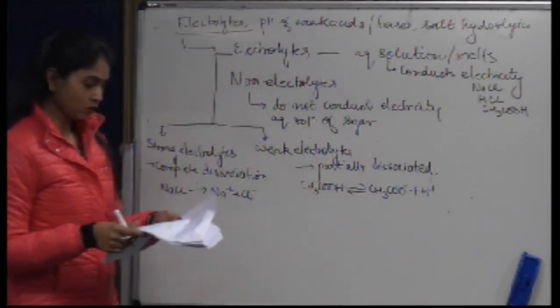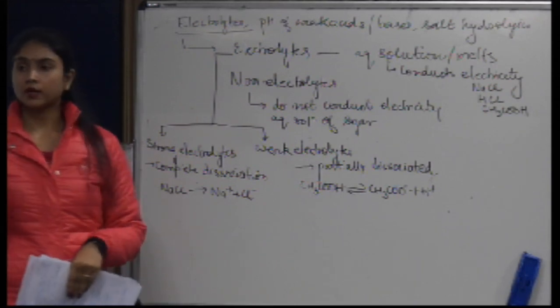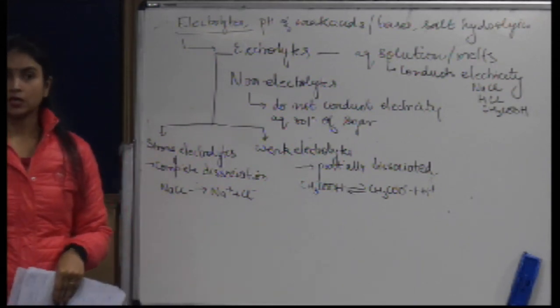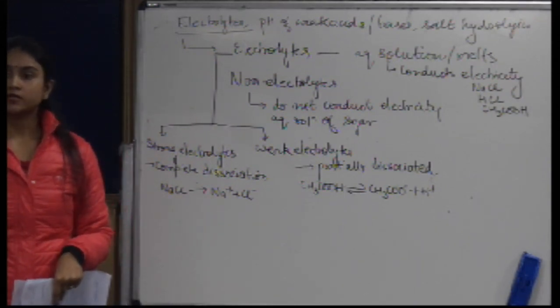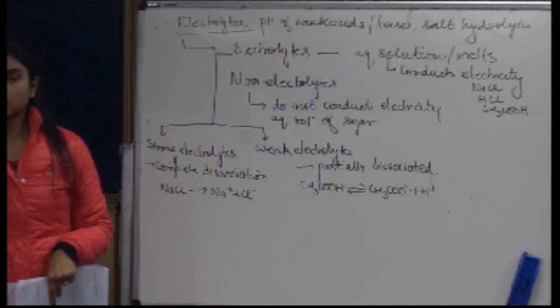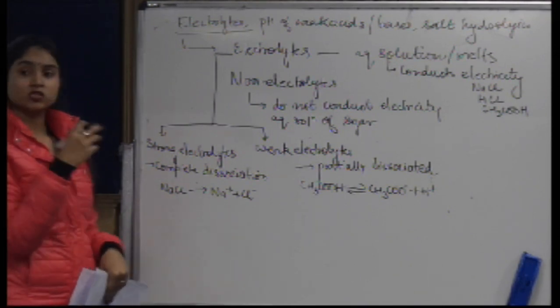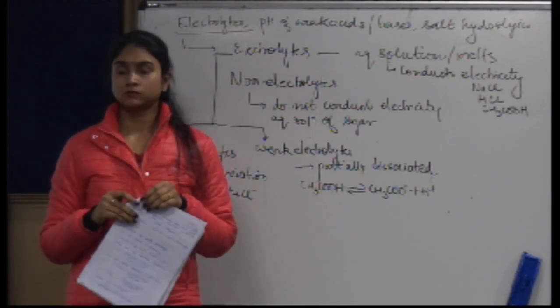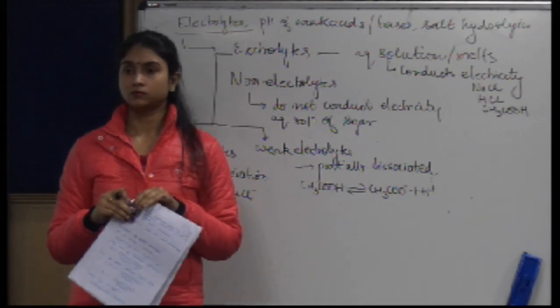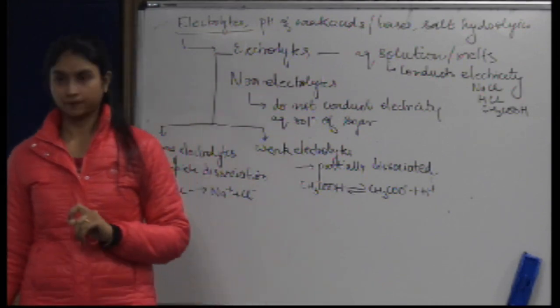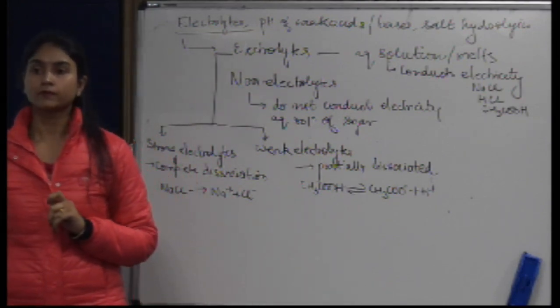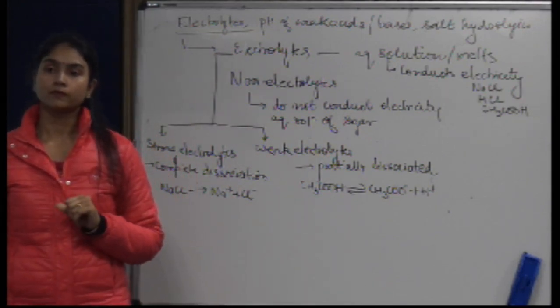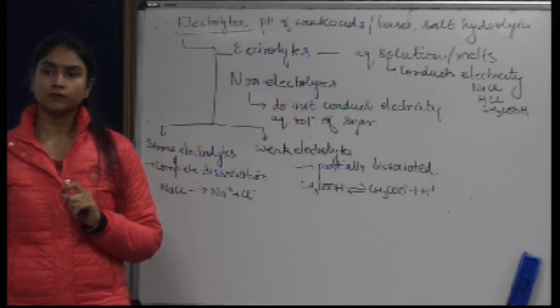The first thing we are going to talk about is the ionization constant. Since we are talking about ionization constant, there should be some kind of ionization. What is the difference between ionization and dissociation? Dissociation is when the molecules earlier are not in the ionic form, and in ionization they earlier also exist in the ionic form and then separate.